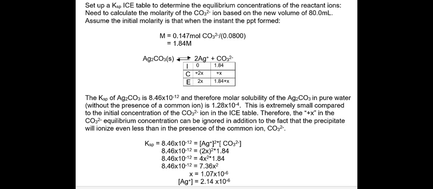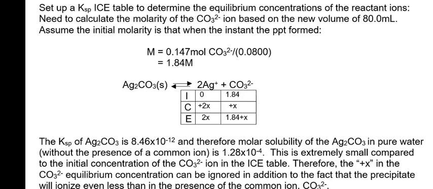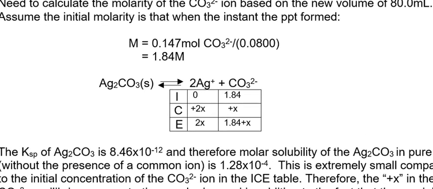So now we'll determine the molar concentrations of the silver and carbonate at equilibrium. To do this, we need to treat this part of the problem like a Gen Chem 2 chemical equilibrium problem. So we need to set up an ice table and look up the solubility product value for silver carbonate.